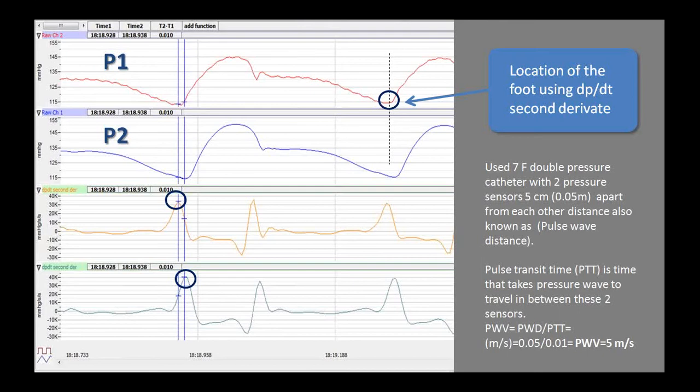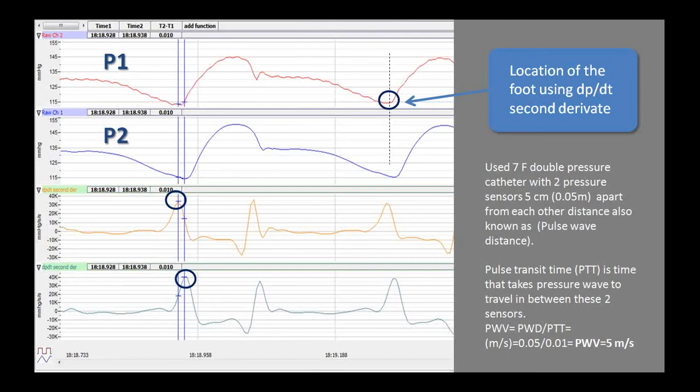Here, the max peak of the second derivative of dP/dt of P1 is selected. You can see it as a blue circle over the dP/dt on the third channel, and on the fourth channel you can see it selected on the peak of that second derivative.